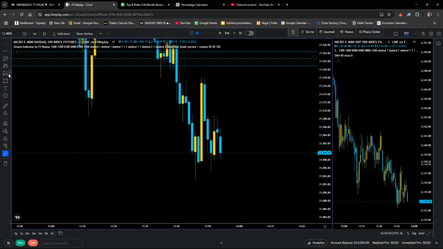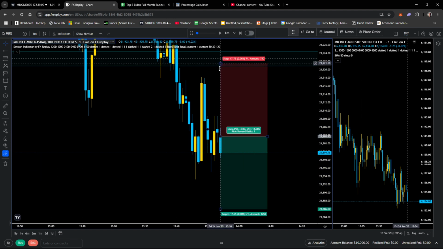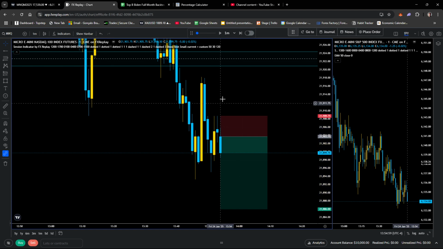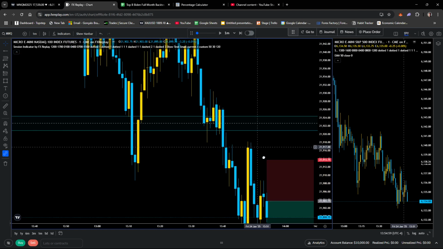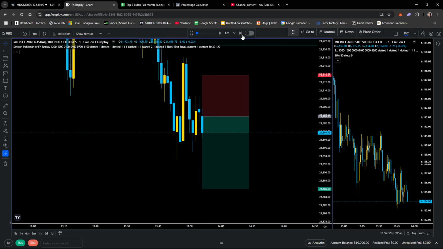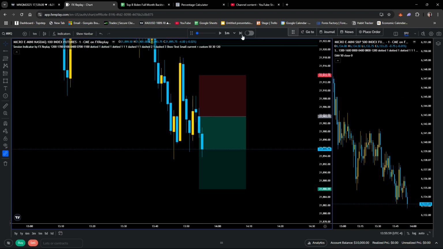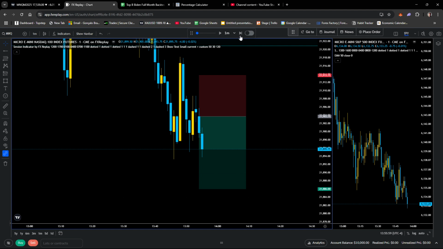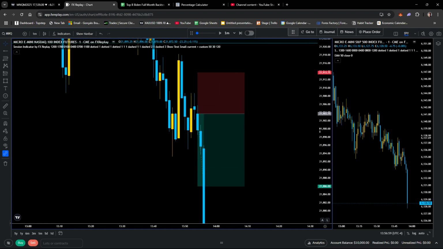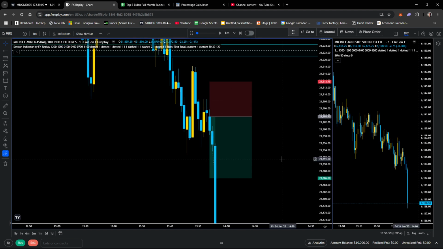Might try this though. Yeah, we'll try it. So now it's not valid. We took the short-term low, but we can still see what would have happened. Yeah, so it did, in fact, continue lower.